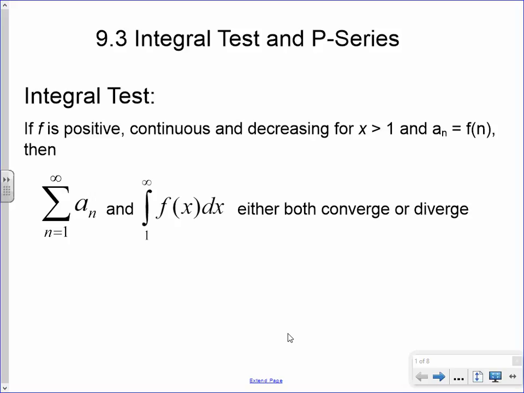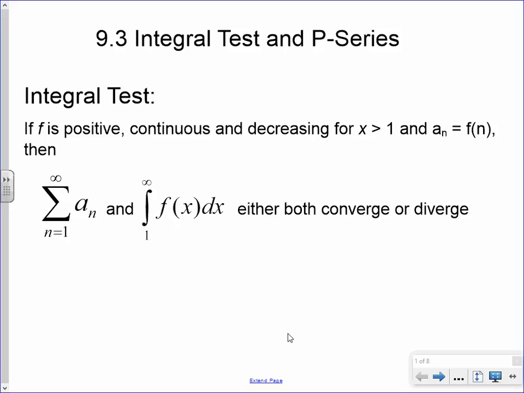I will say that the book has this written as x is greater than or equal to 1. What it turns out, though, is they're a little bit flexible on whether it's decreasing at the starting point or just after the starting point. So I write it like this just to show you that there's that flexibility.